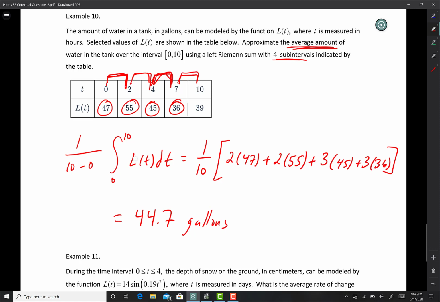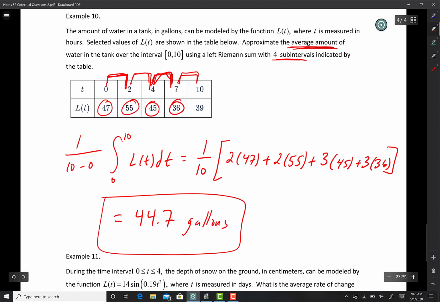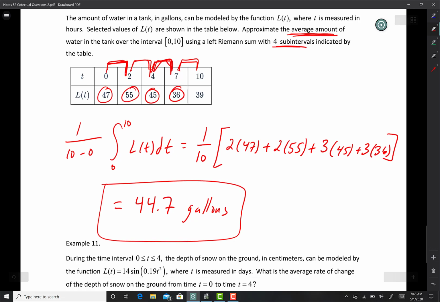So L of t, this guy right here, that's gallons. And I'm finding area under the curve with the integral here. So gallons times hours, that's gallon-hours. But notice that I'm dividing by 10. So 10 is the amount of time. So gallon-hours divided by hours, and you're just going to have gallons. So this is the average amount of gallons. So it's the average amount of water in the tank.